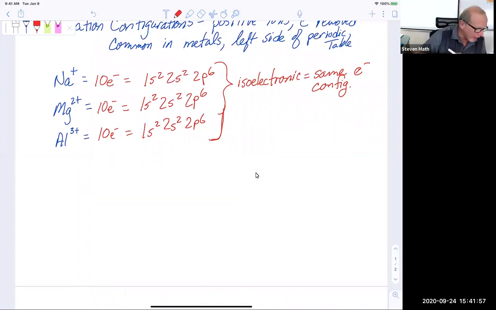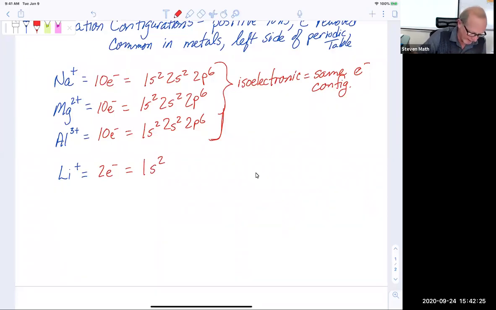So if we look at another cation, let's look at something like lithium. Lithium likes to form a plus ion. Normally lithium has 3 electrons. To make it a plus ion, it's going to have 2 electrons. It's just going to go 1s2.